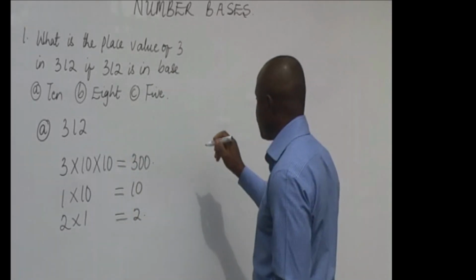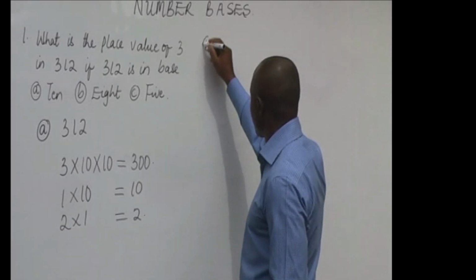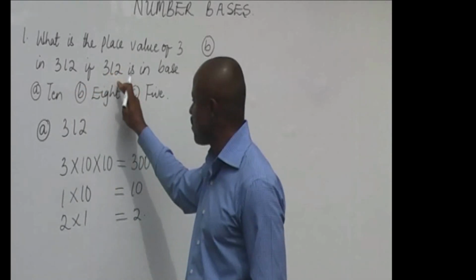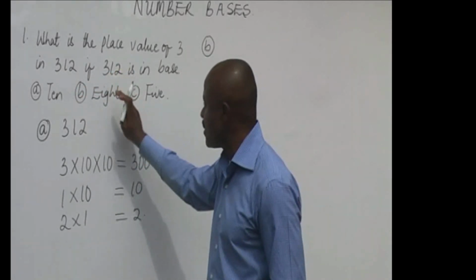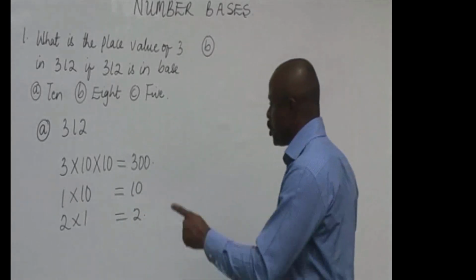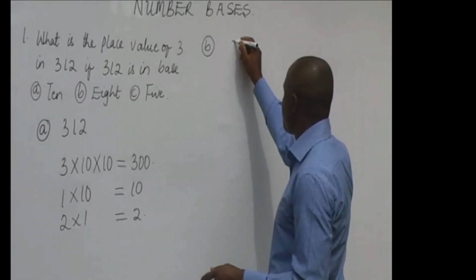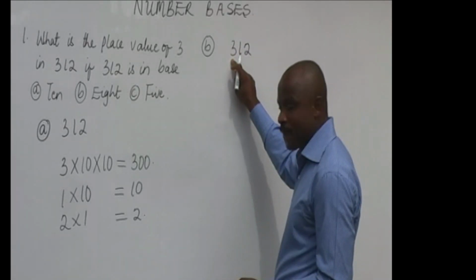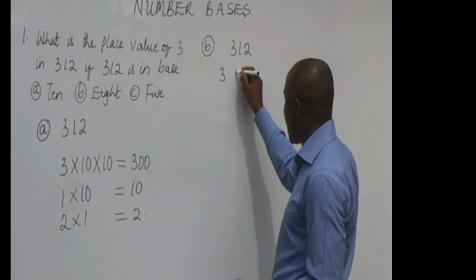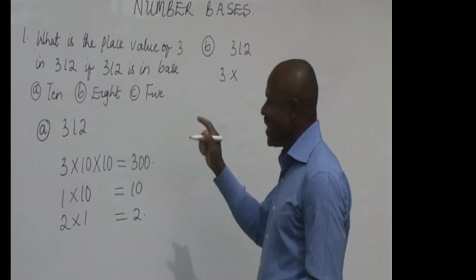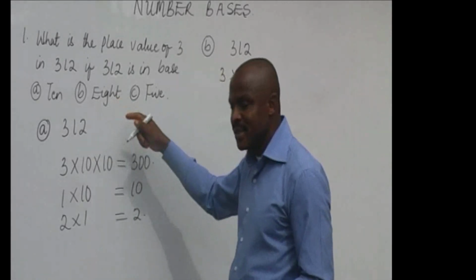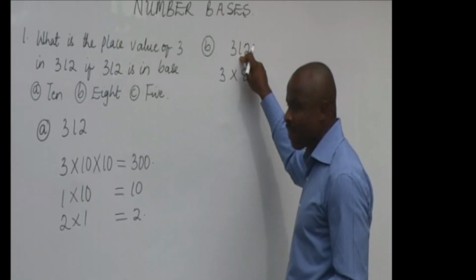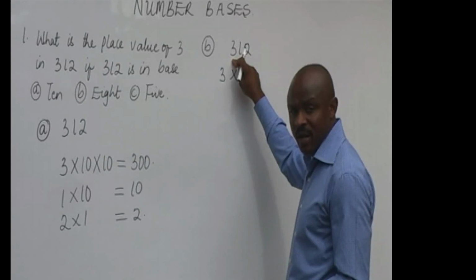So question number B says the place value of 3 in 312 if 312 is in base 8. Just like in base 10, you have 3, 1, 2. You are looking for the place value of 3. So bring out the 3 and begin to multiply. Now by 8. You multiply by 8 because of the next digit after the one you're finding its place value.